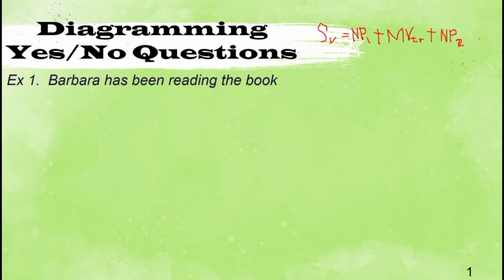So now we identify first the noun phrase, auxiliary verb phrase, and the MV with the subscript transitive. Our first noun phrase is Barbara.